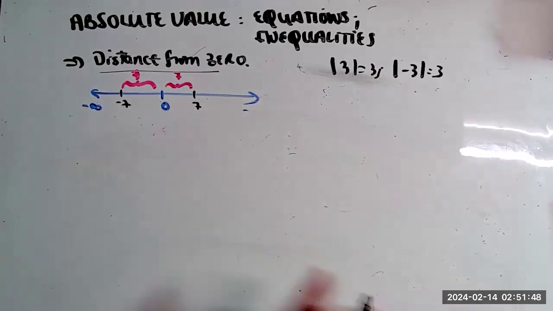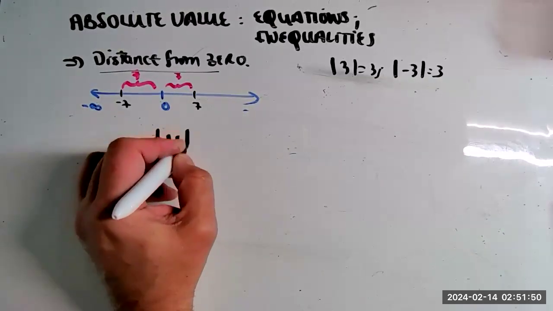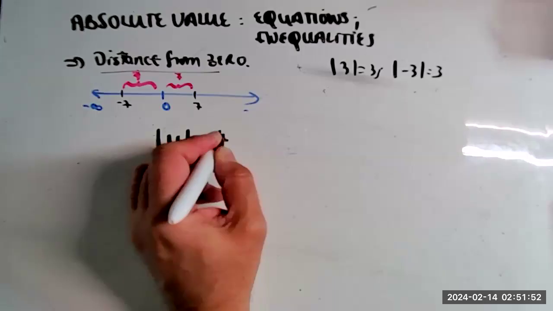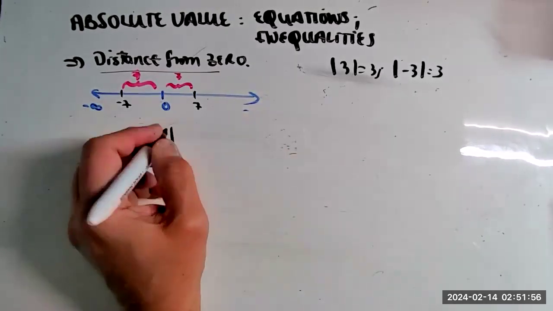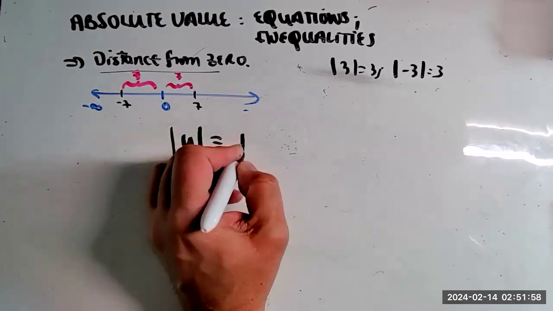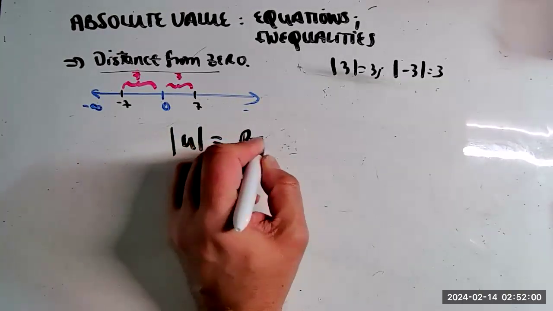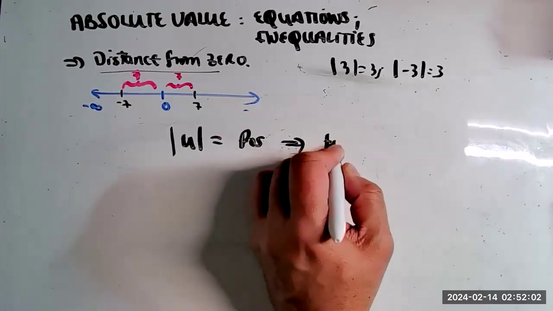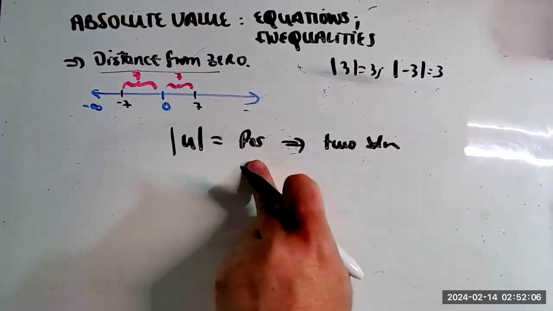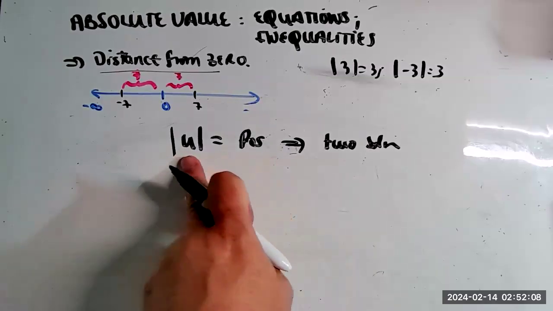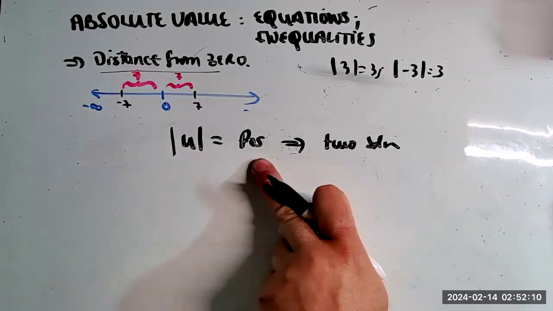So to summarize, if I have absolute value of an expression equal to a positive number, we are going to have two solutions. We take u, whatever is inside, equal to the negative of the number, or u equal to the positive of the number.